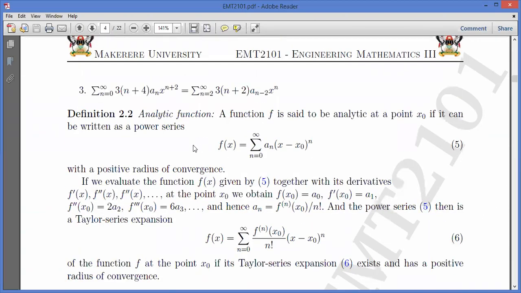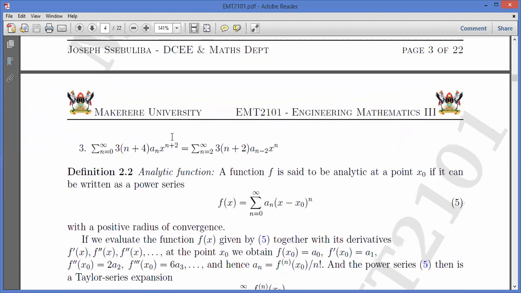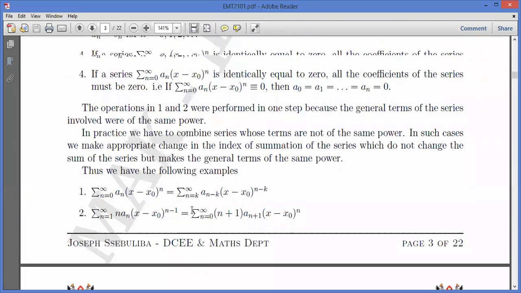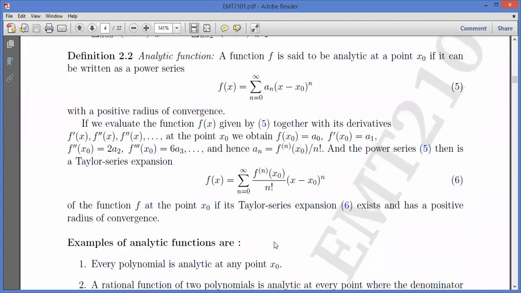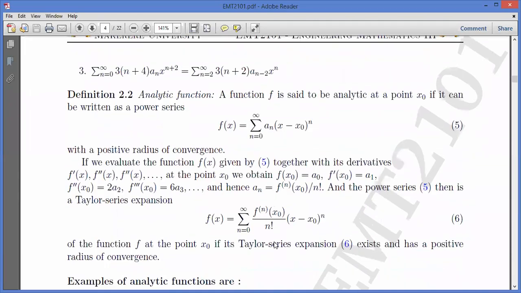Now we can look at a definition of what is analytic. Remember yesterday we took time to understand how you go about getting the radius of convergence, and if you get a limit, does it converge, does it diverge? And then we looked at several examples, the ratio test and the root test.